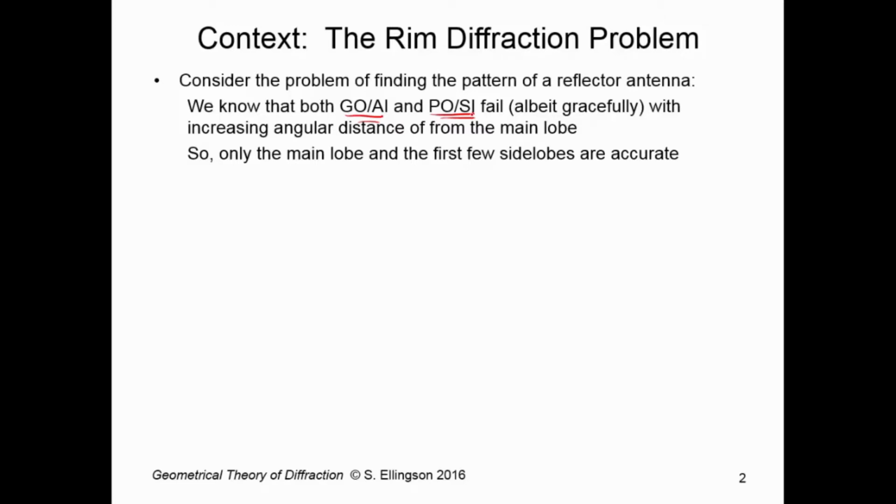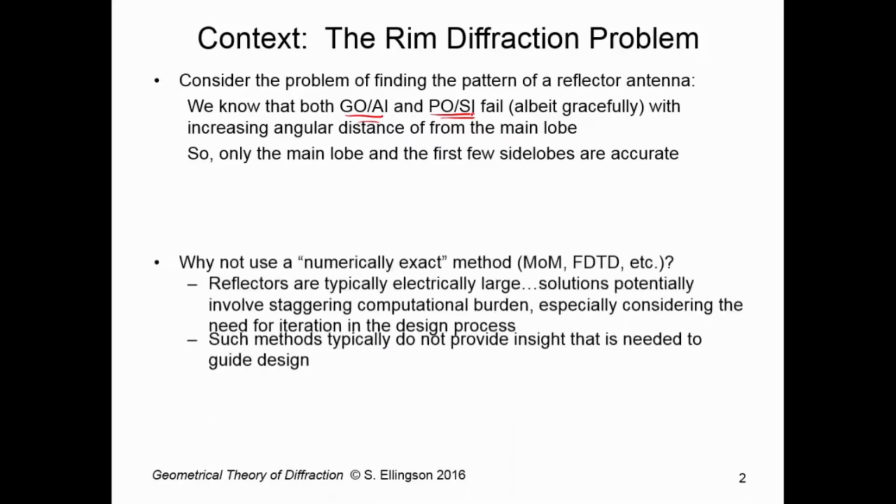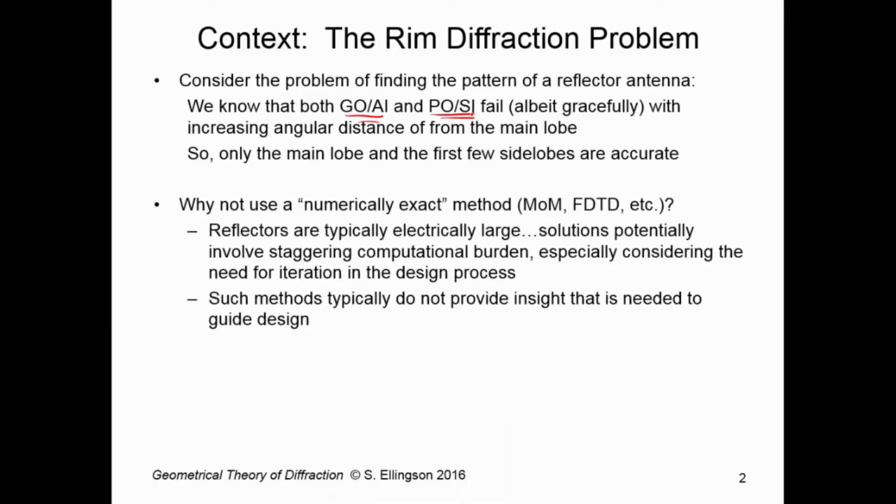So even though we have these techniques, and they do a good job with the main lobe and the first few side lobes, and give us good estimates of directivity if the directivity is high, they don't work for the far side lobes. So you could say, well, if you want the far side lobes, why not use a numerically exact method, such as the method of moments, finite difference time domain, and so on?